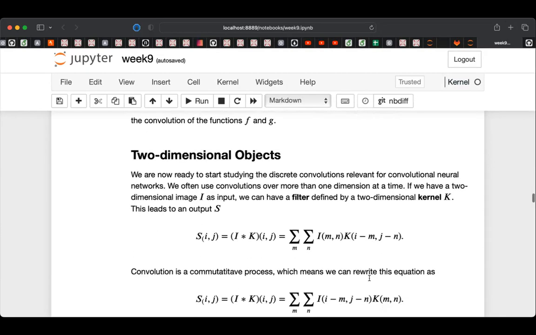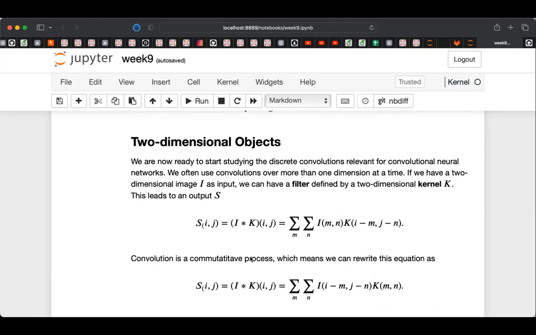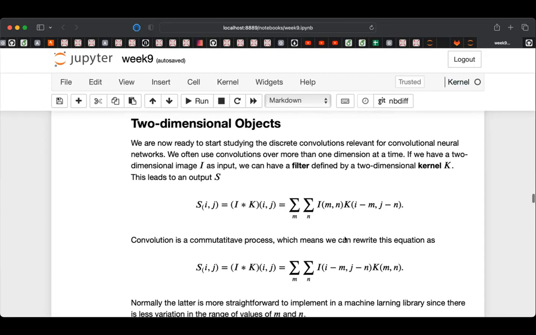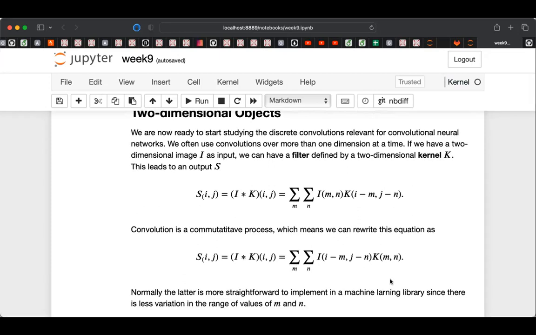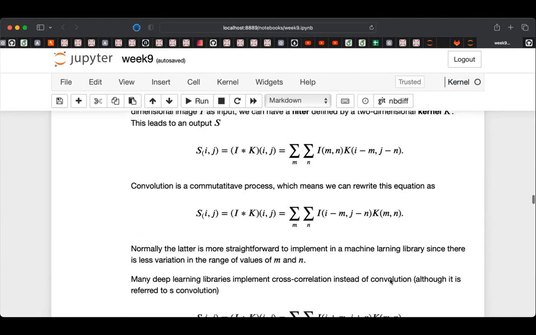And just to remind you, you can rewrite everything in terms of a filter or kernel, K. The equations we had for this polynomial multiplication were more efficiently implemented with this operation here, since it's a commutative process, where I is the input and K is now a filter or weight function or a kernel as it's called. So it has different names in the literature. I tend often to use filter because you're filtering away some specific properties of the object.